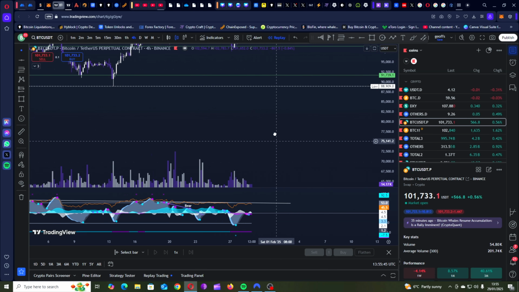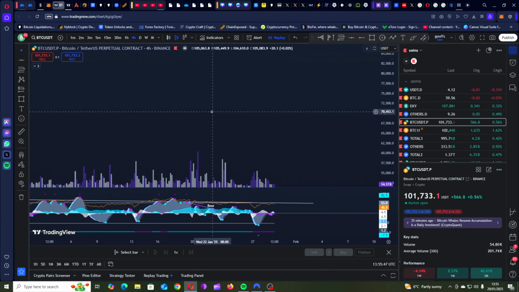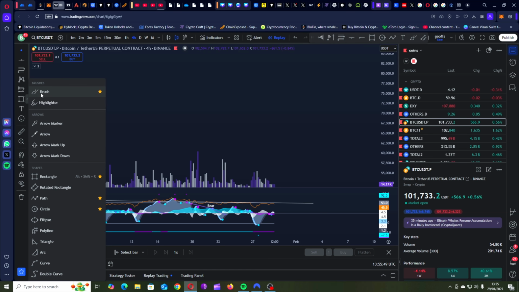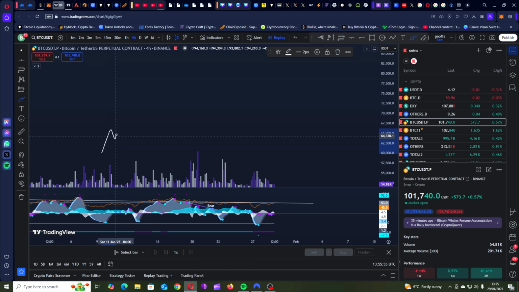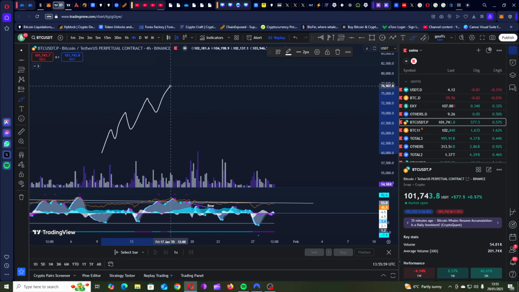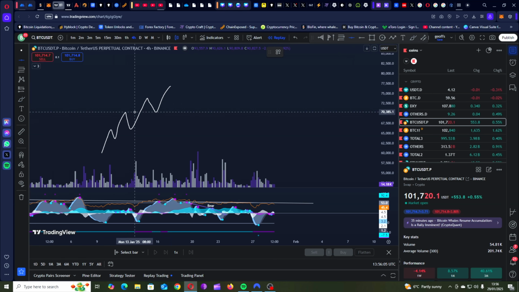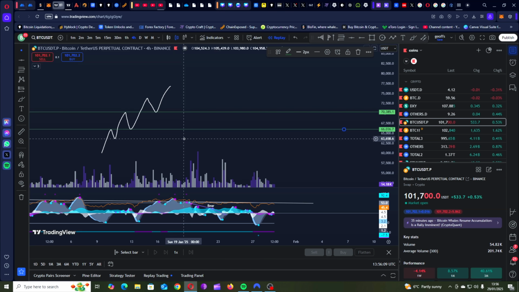So what I'm going to do first is I'm going to show you what most people think market structure looks like. So market structure in an uptrend, and in effect that's correct, that is correct, but market structure in reality does not look like this.